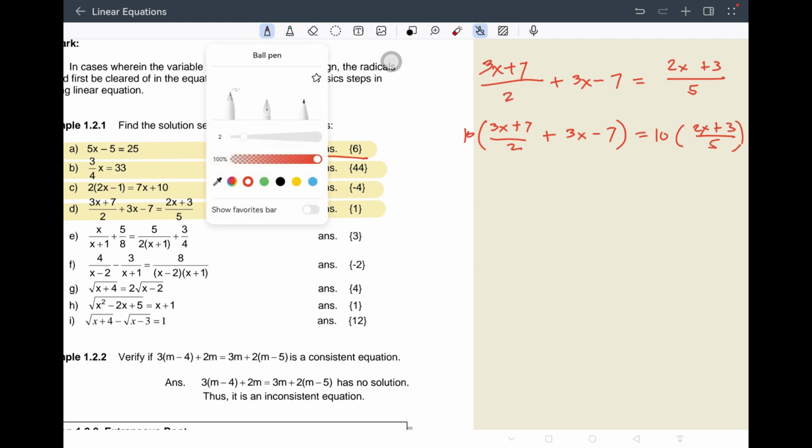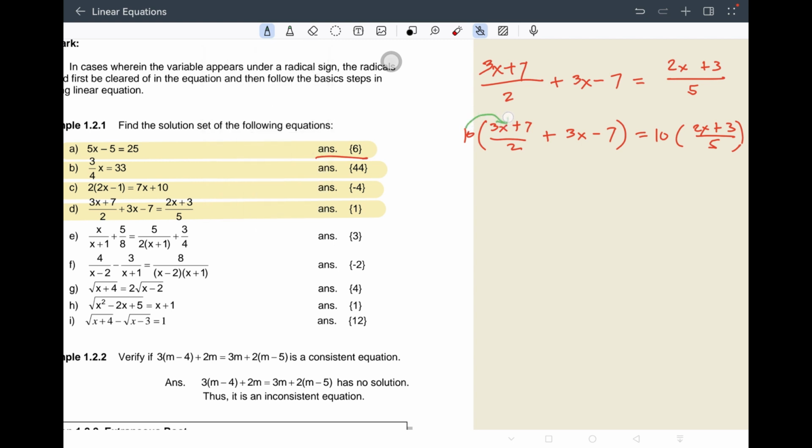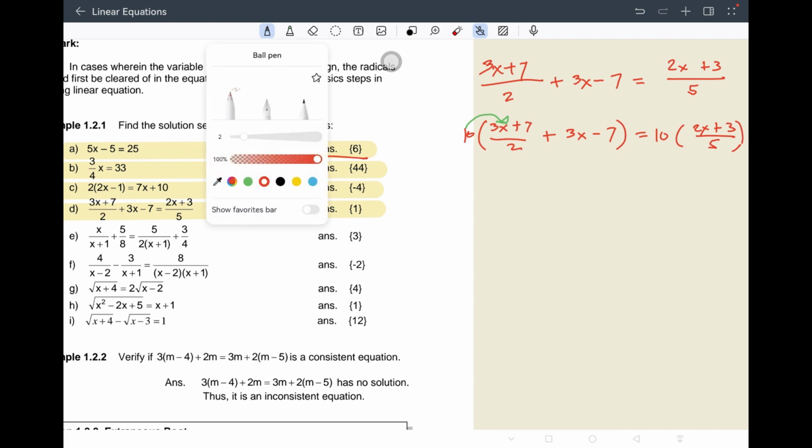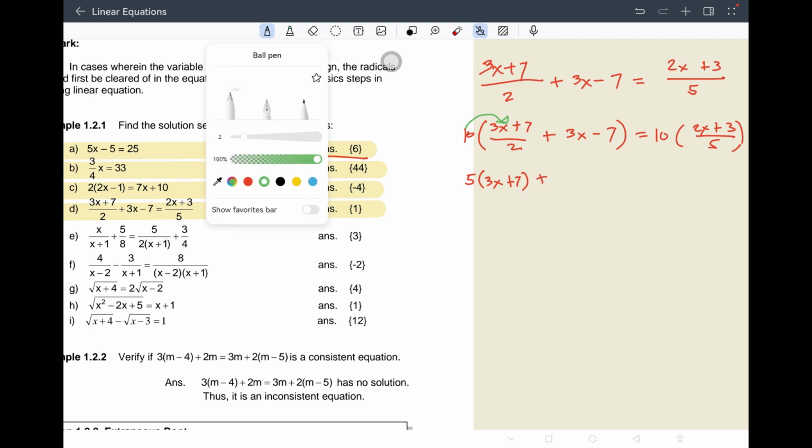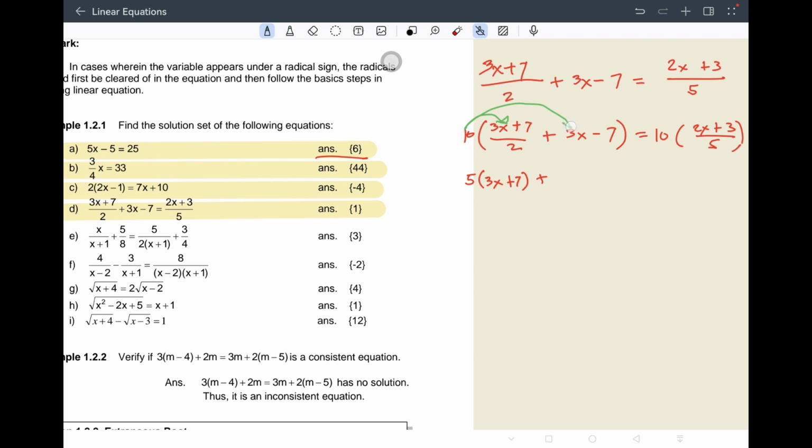So we need to distribute 10 to all the terms in the equation here. So 10 times 3x plus 7 over 2, this will become 5 na lang times 3x plus 7 plus 10 times 3x.